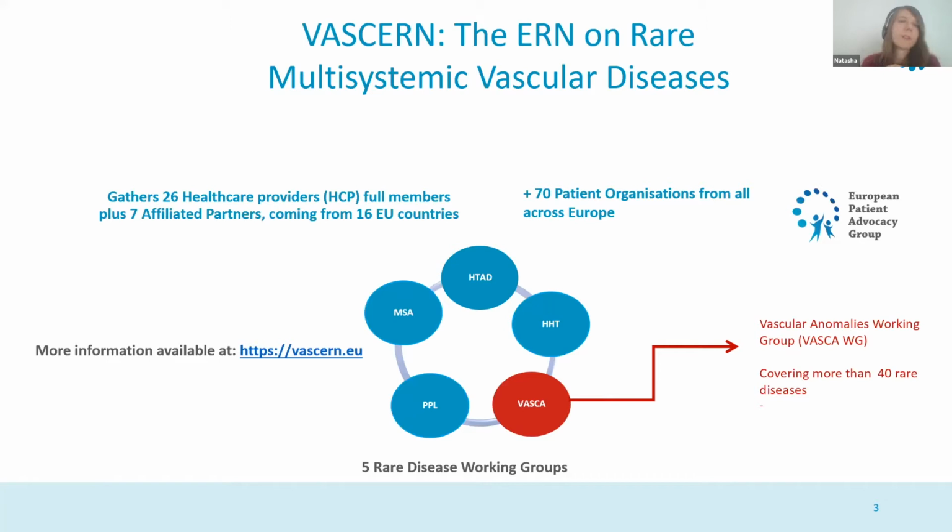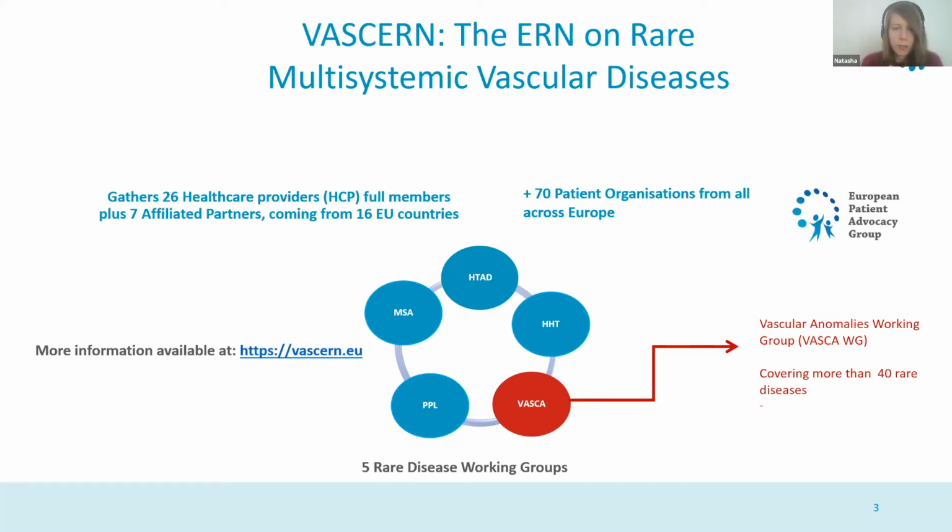So first of all, just a quick intro before the scientific presentation starts to introduce who we are. This is VASCERN, the European Reference Network on Rare Multisystemic Vascular Diseases. We're one of the 24 ERNs, and we gather 26 healthcare providers, full members, plus 7 affiliate partner members coming from 16 EU countries.